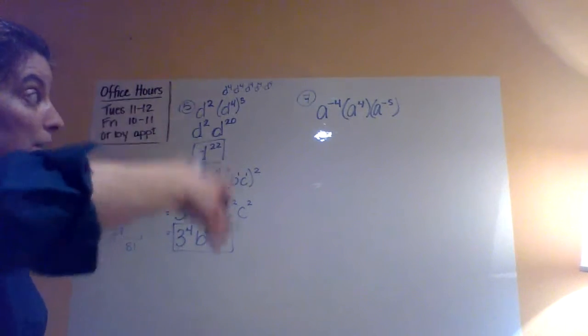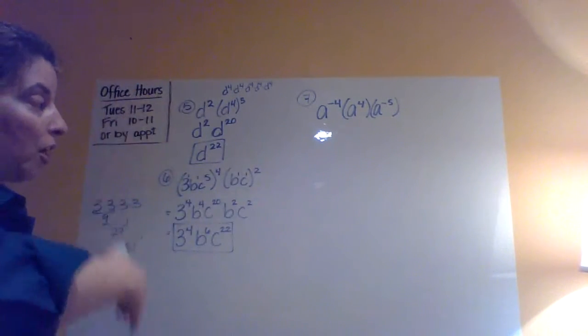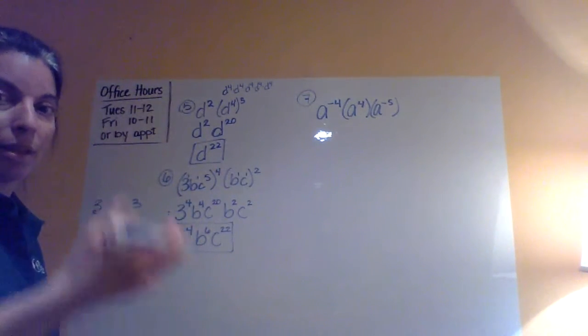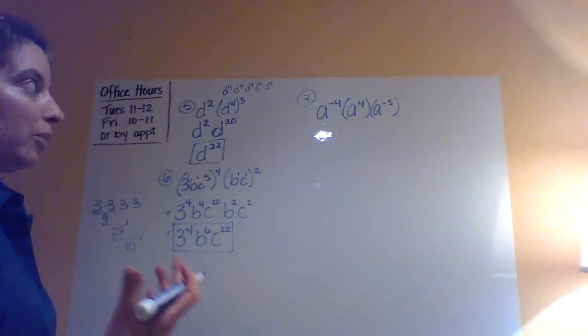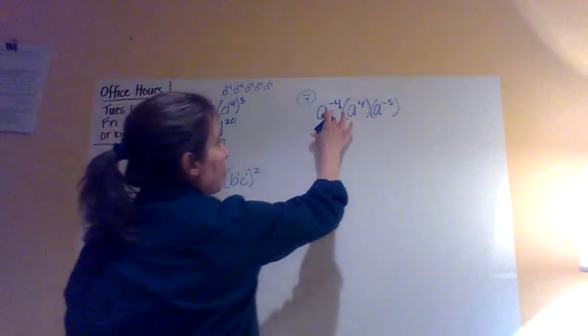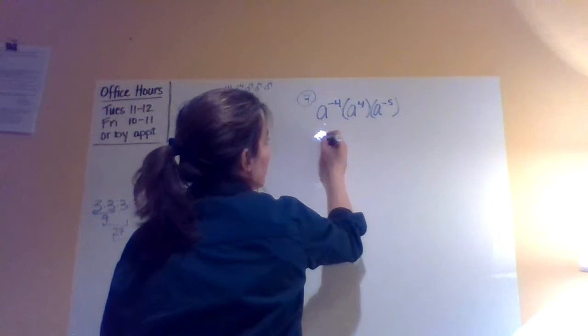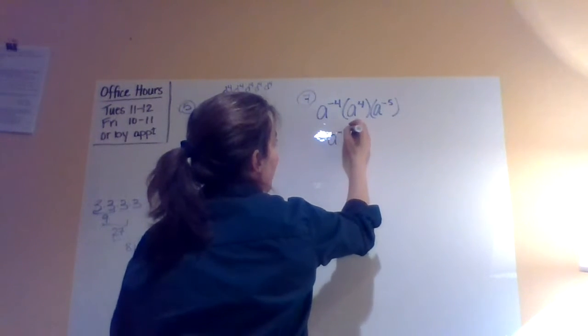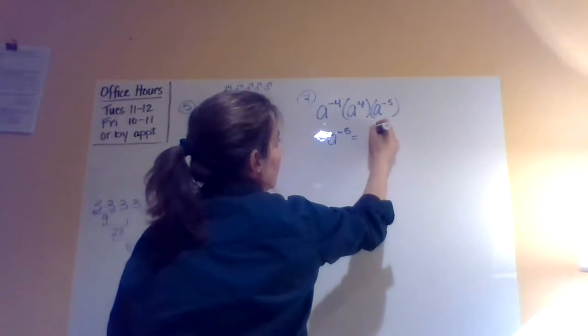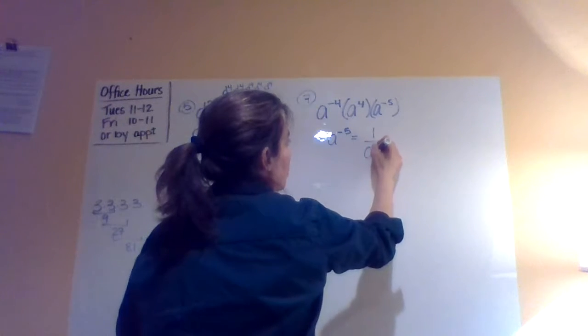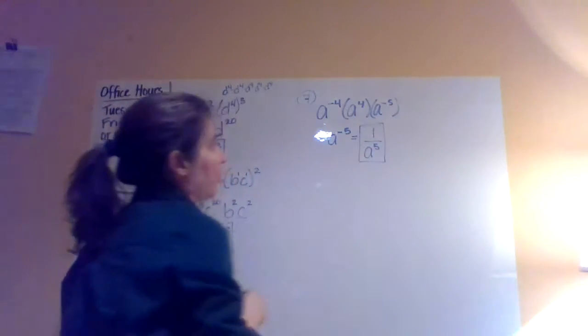They're just three exponential expressions. They all have the same base. So I'm going to add the exponents. Negative 4 plus 4 equals 0. 0 plus negative 5 is negative 5, which is going to be 1 over a to the fifth.